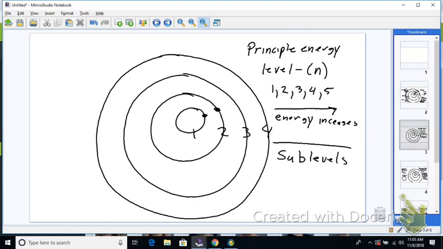Now in the past, I used to give a symbol for this, and it used to be L. But I'm not going to give it to you. Like principal energy levels N, the sub-level would be an L, but this book doesn't go through it to that extent. So the sub-levels, like principal energy levels is 1, 2, positive integers.